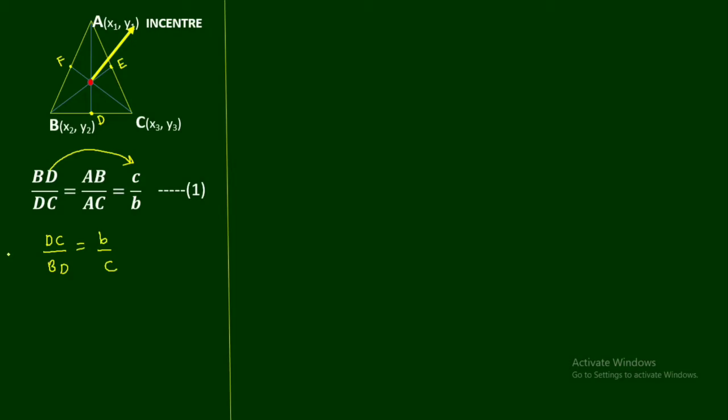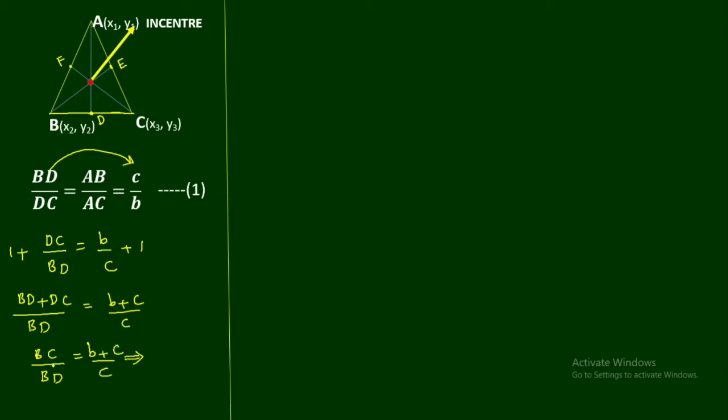I am adding 1 on both sides, so 1 plus DC by BD, you will get (BD + DC) by BD is equal to (b + c) by c. What is BD plus DC? That is nothing but BC. So BC by BD is equal to (b + c) by c.